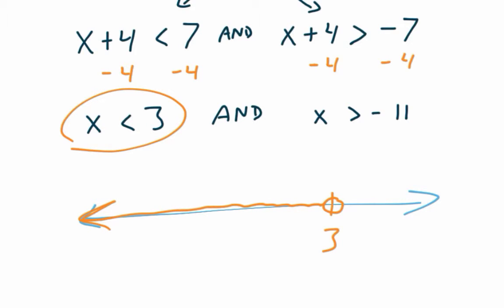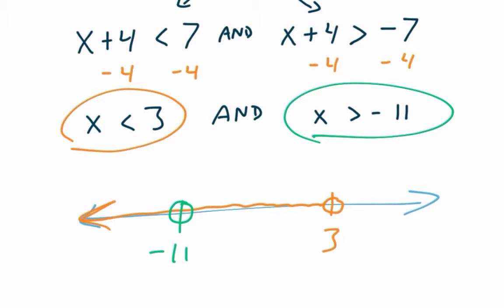Then over on my other side, I have a negative 11, so that'll be on this side of my 3. It's greater than, so that's an open circle. We need to shade everything to the right. But because we have the "and" there, we know it needs to be an intersection. So we're only going to shade the stuff that's shaded twice. So here in the middle I have my orange and my green.